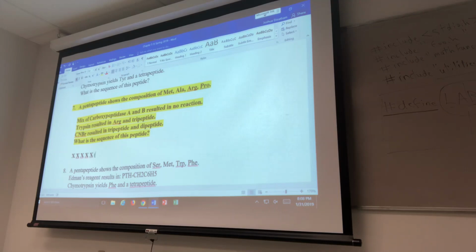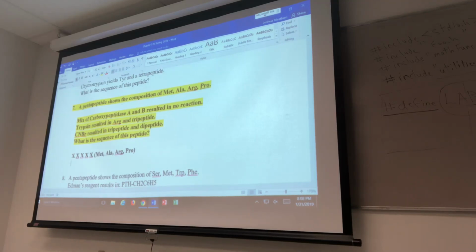Those 5 amino acids have to be some combination of methionine, alanine, arginine, and proline, because that was what was given to us. Because I've only given you 4 amino acids, but there are 5 spots, you need to know that one of them, we don't know which one yet, is going to show up twice, correct? So, that's the first thing you can write down.